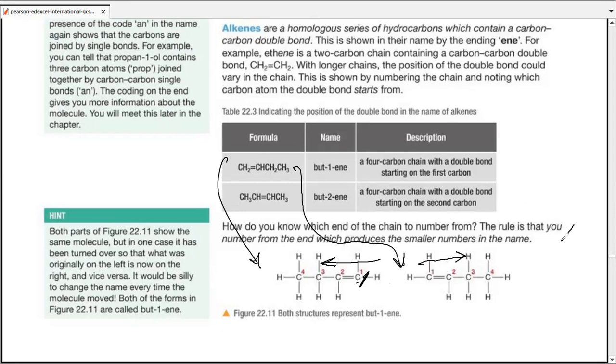So we number the carbon atoms, and the numbering starts from the end that produces the smallest numbers for the double bond. I'm going to explain that a little later since this is difficult for students if appropriate examples are not given. Both parts of this figure are the same molecule. It's just that the molecule has been turned over from left to right or vice versa, and it would be silly to change the name every time because the molecule moved. So both forms are known as but-1-ene. We're going to explain that a little later too.